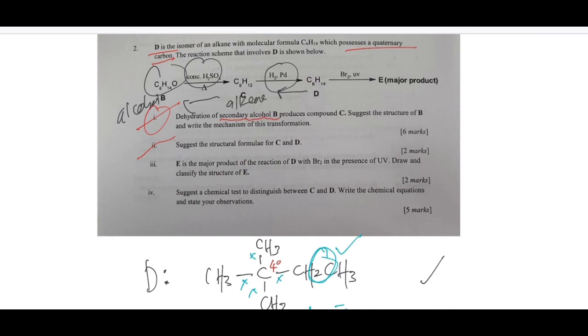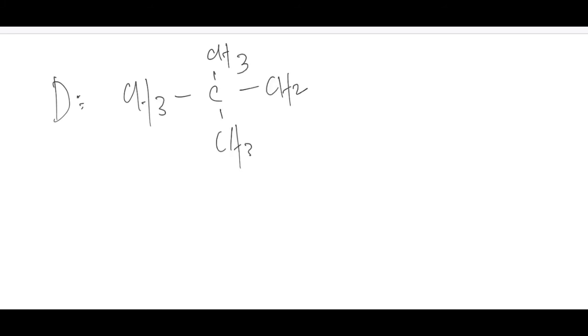Draw and classify structure E. So now we draw E from D. This is our D. Our D was CH3, C, CH3, CH3, CH2, CH3.